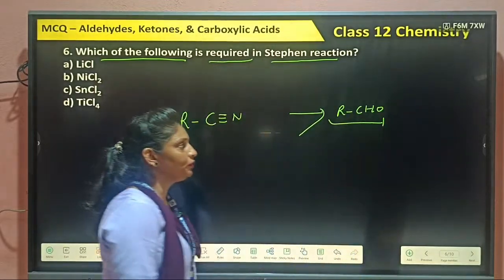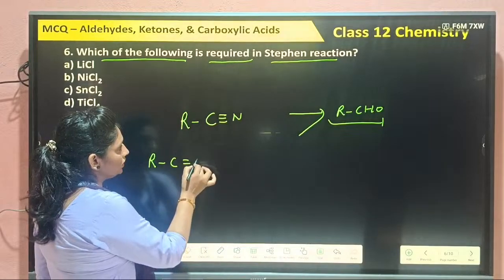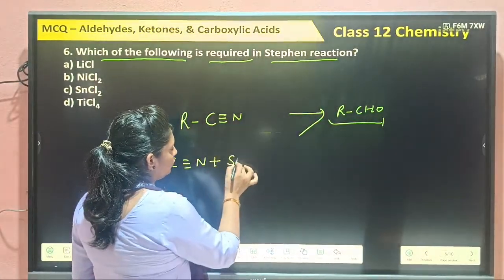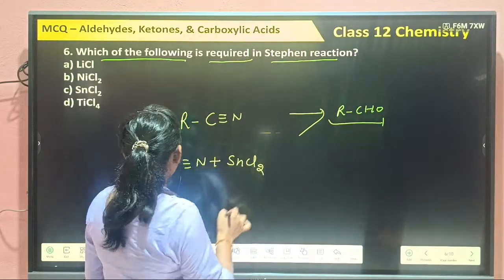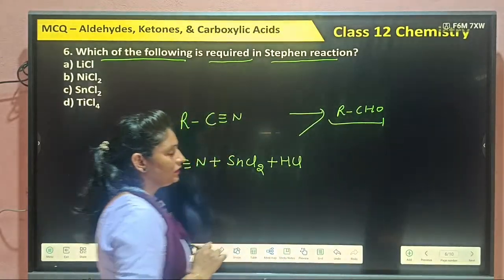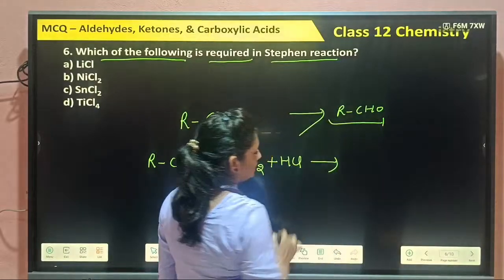How can we prepare? Here we use SnCl2, stannous chloride, plus hydrochloric acid. Then reduction will take place here.